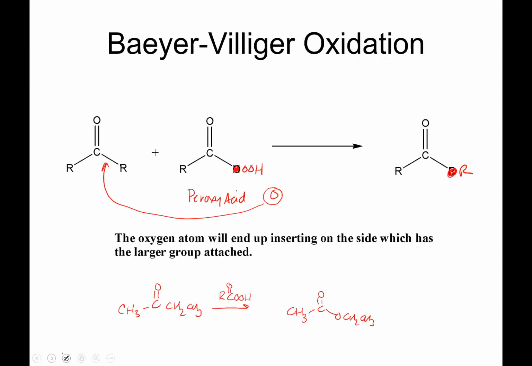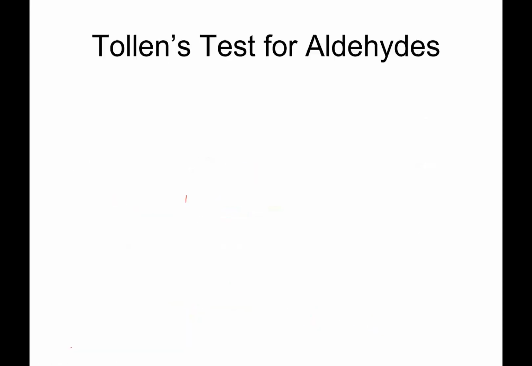Now, I'll put in the folders these two tests. So I talked about, there are color tests for aldehydes and ketones, but how do you determine whether you have an aldehyde or a ketone? There's two more color tests that specifically are for aldehydes, and one of them is called the Tollens test.